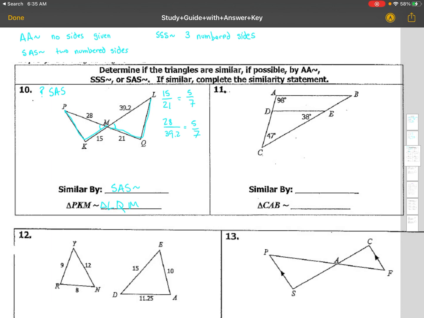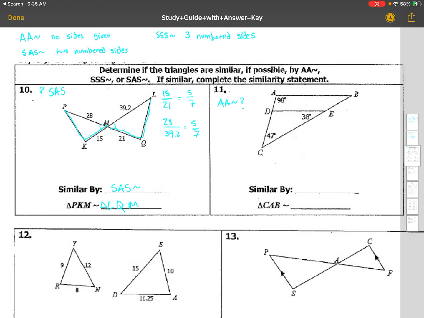Number 11, notice that no sides are labeled. We have angles, don't confuse the two. So this is possibly angle similarity. We don't know, but it's the only one it could be. So now we have two triangles, triangle CDE and triangle CAB.